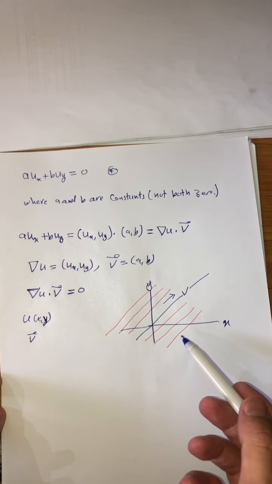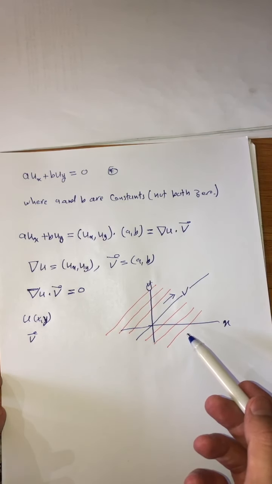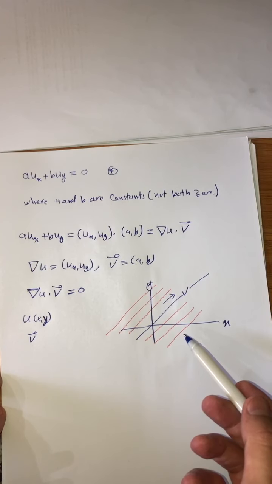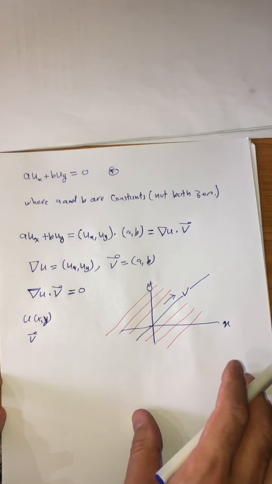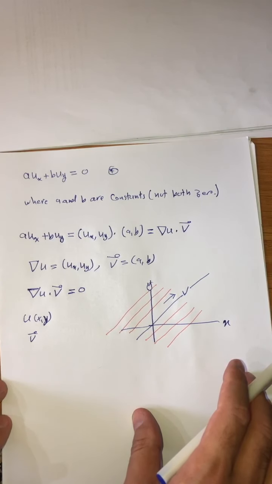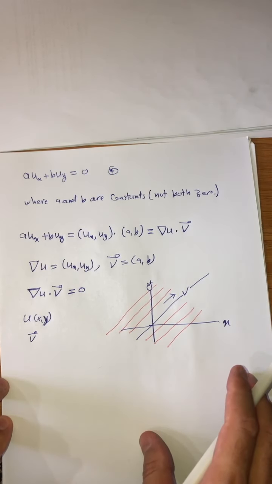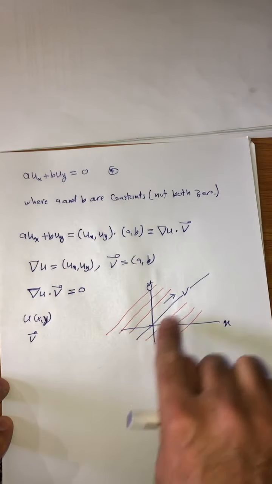That is, each characteristic line decides the constant value of u of x, y along itself. Now, let's try to find the characteristic lines along the direction of the vector v.